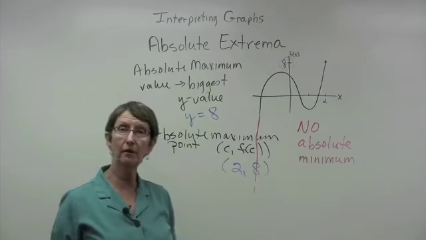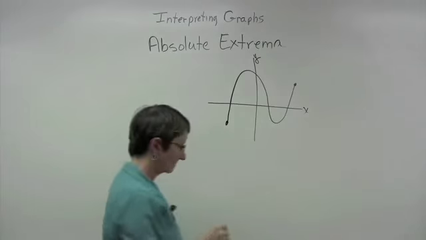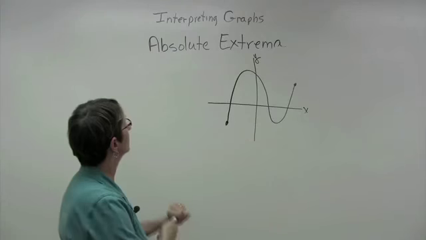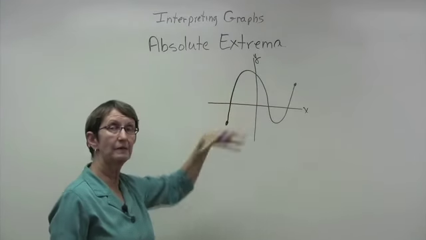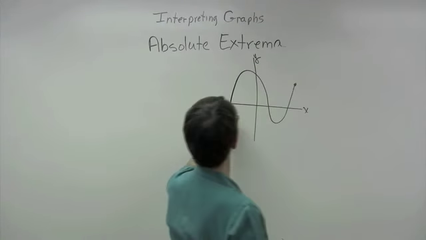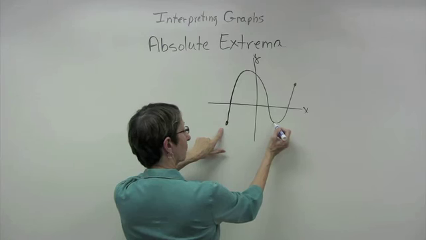So let's look at a couple of other graphs. Now we look at this graph. If I want to find absolute max and min points, I start down here, and that's not terribly straight, but almost. This point is lower than this point.